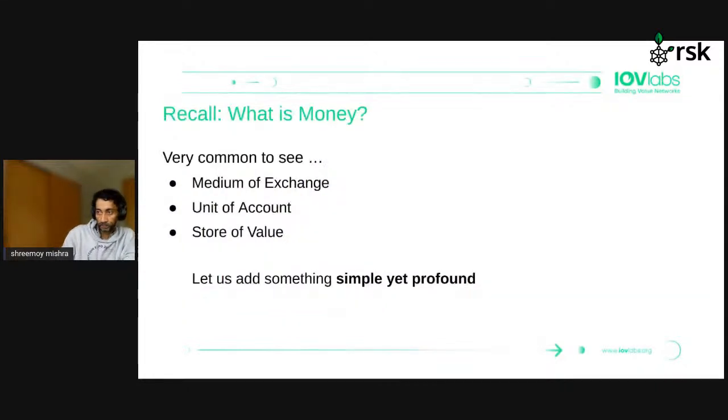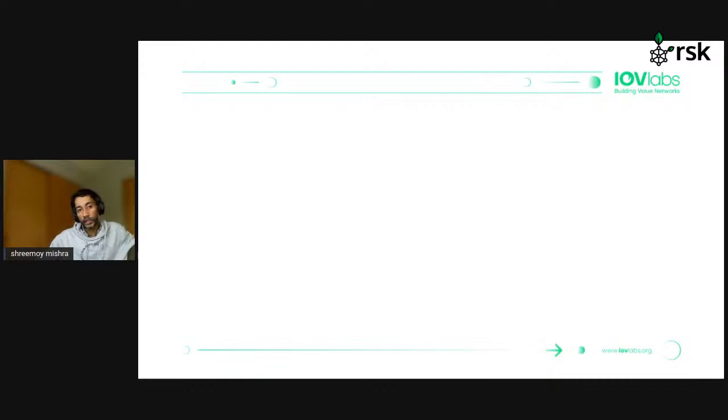So this state modification is linked in a way to how we think of cryptocurrencies. Now, with real currencies like fiat, it's very common to see things like: what is money? It's a medium of exchange, a unit of account, or a store of value. And what blockchains bring to this space is one more interpretation, and that interpretation is that money is just a different kind of memory.